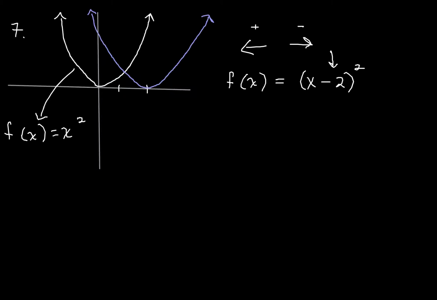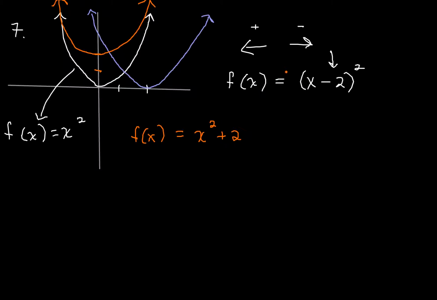If we took this graph and moved it up, let me just take the same graph and move it up too, like this. If we moved it up, the graph would be f of x equals x squared plus 2, like that.